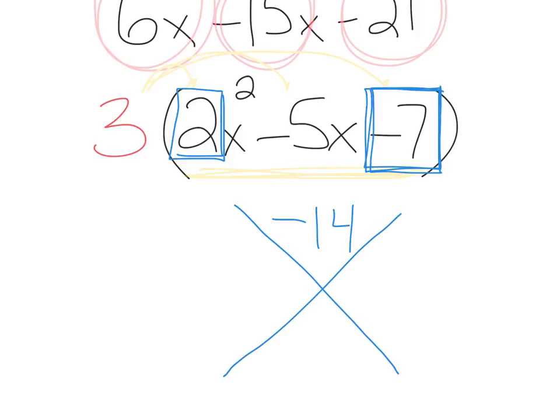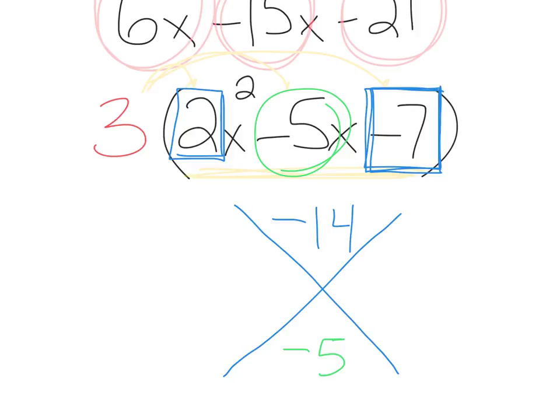This is how we handle a quadratic with a number in front of x squared, a coefficient greater than 1. On the bottom still goes the number in the middle, in this case negative 5. The signs are important. If there's a negative in front of the number, you keep the negative in your problem.